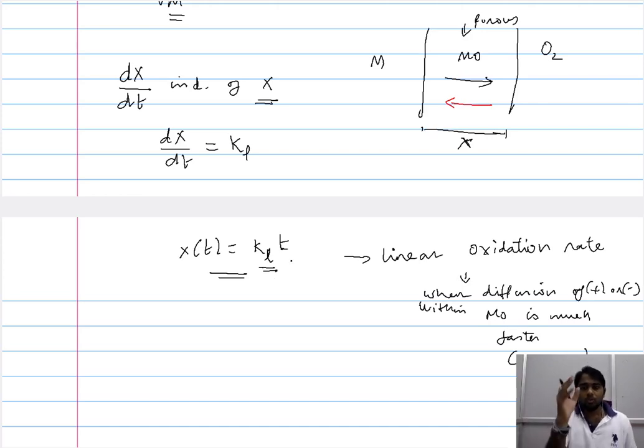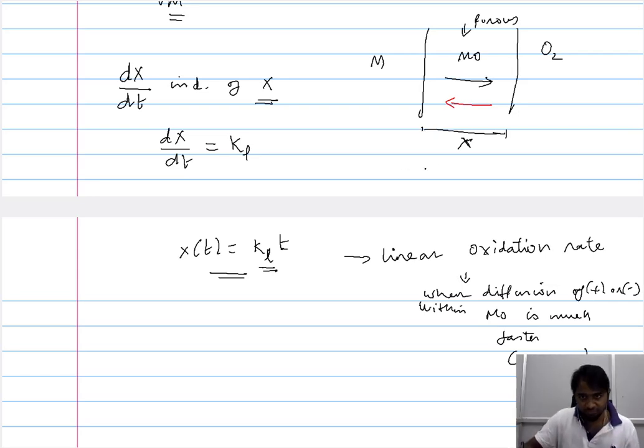Now, when the mobility of the ions within the metal oxide is not the governing factor for the oxidation rate, the other factor that can govern this oxidation would be the mobility of the ions externally. When you consider the oxidation of a pure metal, there are two diffusions that are possible.